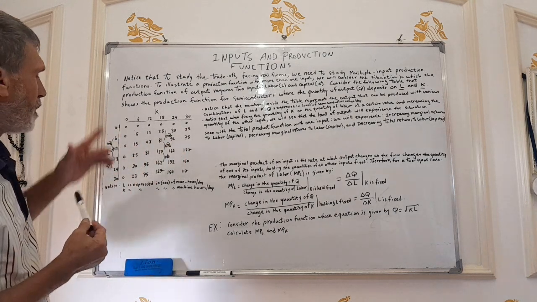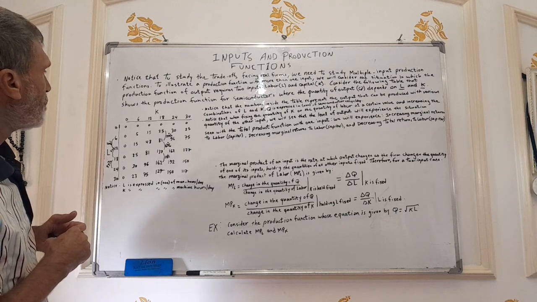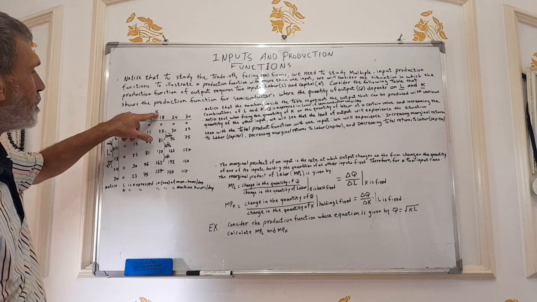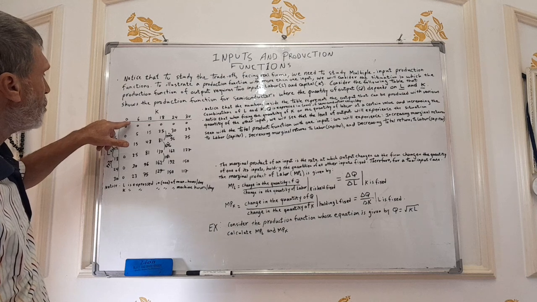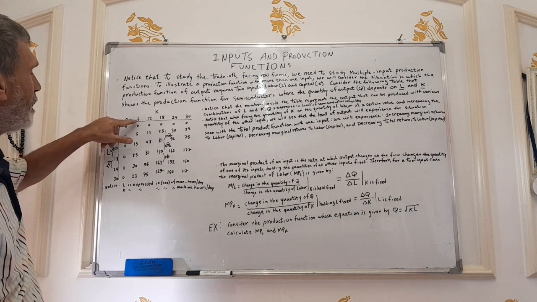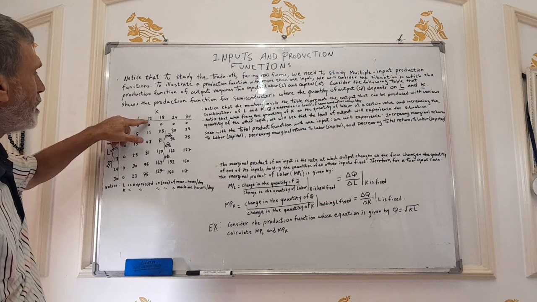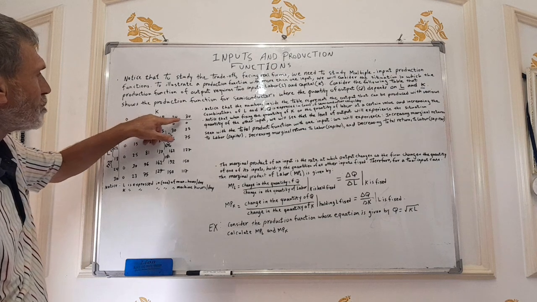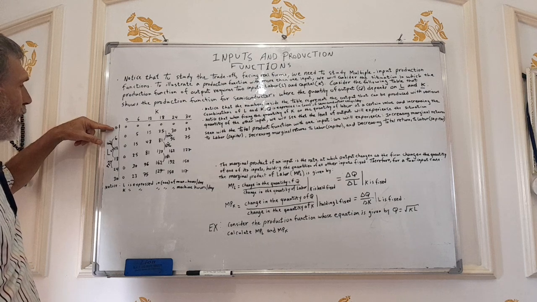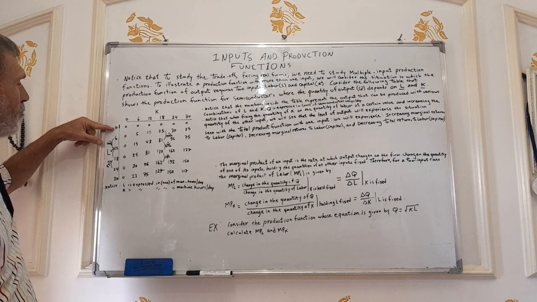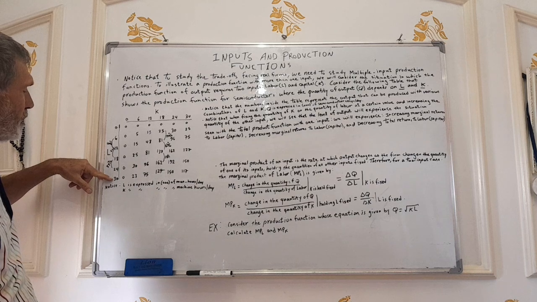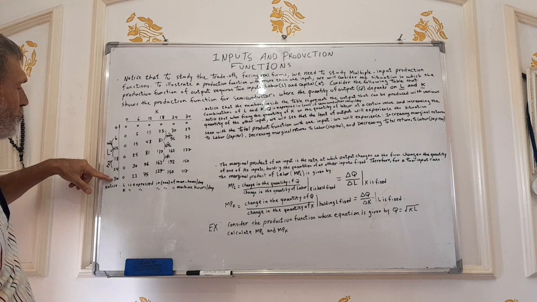Capital here is expressed in thousands of machine hours per day. It ranges from 0 machine hours per day, 6,000 machine hours per day, 12,000 machine hours per day, and so on. Same thing, labor ranges from 0 man hours per day all the way to 30,000 man hours per day.